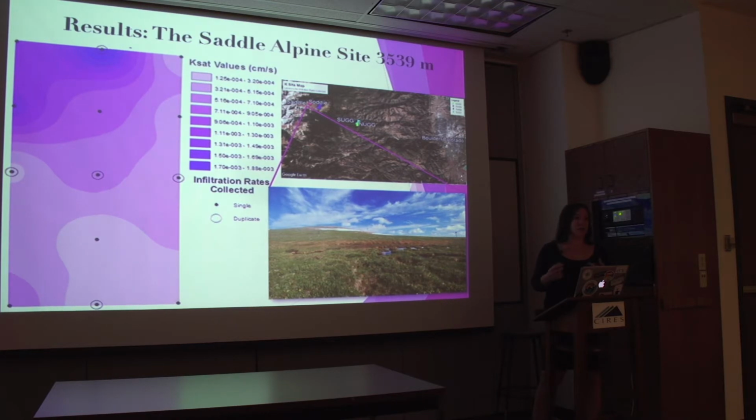Fresh snowmelt, really saturated soil, and my MiniDisc measures unsaturated infiltration rates, which eliminates those macropores. So we're getting a true K value specific to that soil type, eliminating the larger pores, air bubbles, and larger crevices. And these areas I did not get points for because they were down here in this pooled water. So we skipped those.